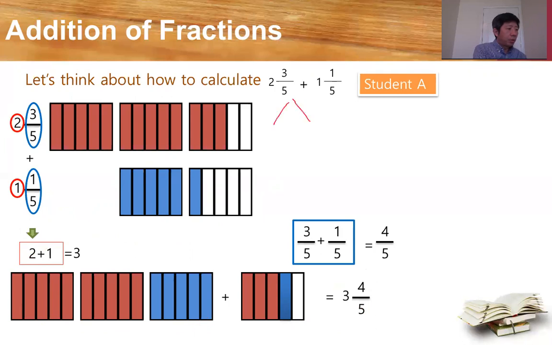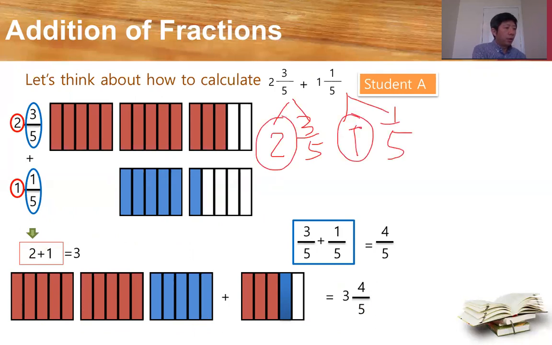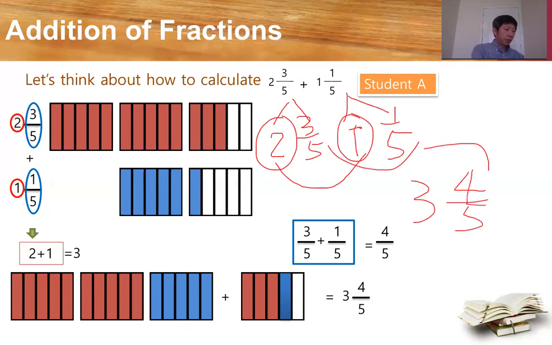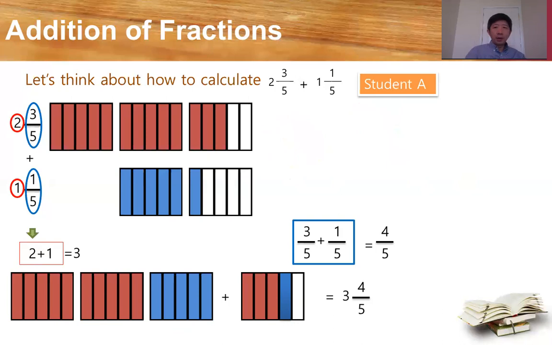We decompose 2 and 3/5, and we decompose 1 and 1/5. So therefore, take 2 plus 1, which equals 3. Take fraction plus fraction, which is 4/5, right? So this is one of the answers from a student, and it shows the picture like this.